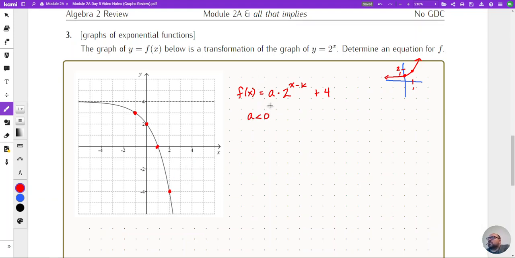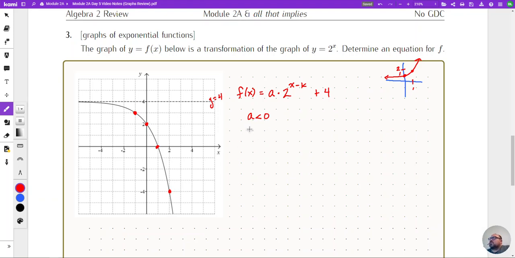Now, we don't necessarily know about the horizontal translation yet, and we don't necessarily know about the vertical stretch or compression factor, but we do know that a is less than 0. And we know that we've got this horizontal asymptote of y equals 4, so we have this plus 4 at the end.